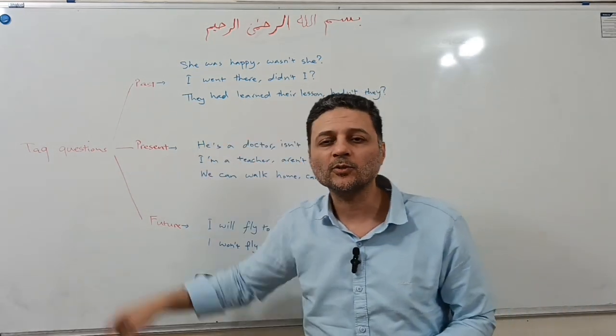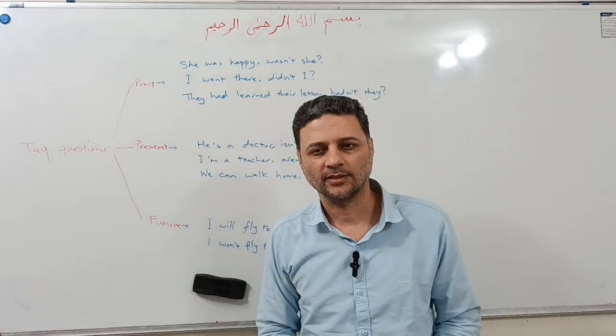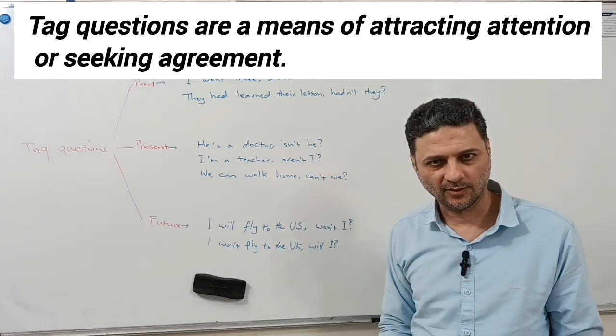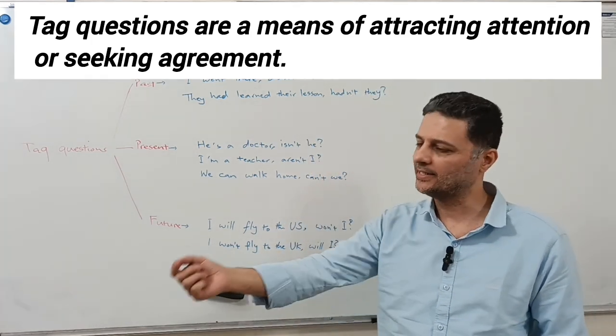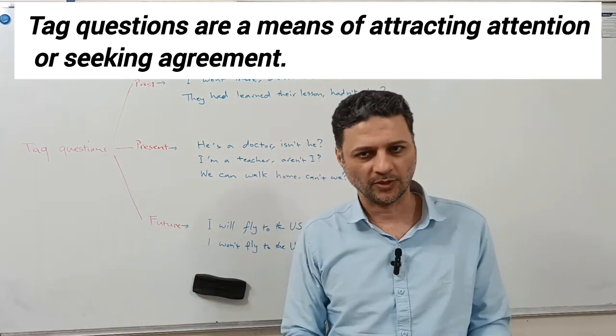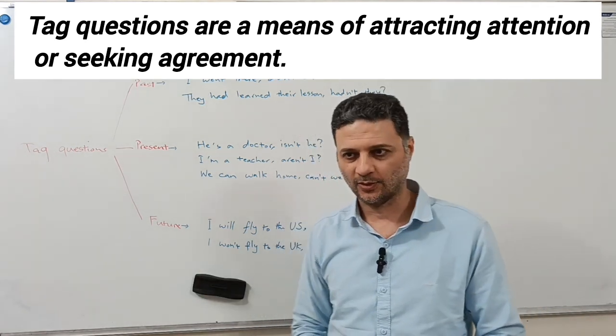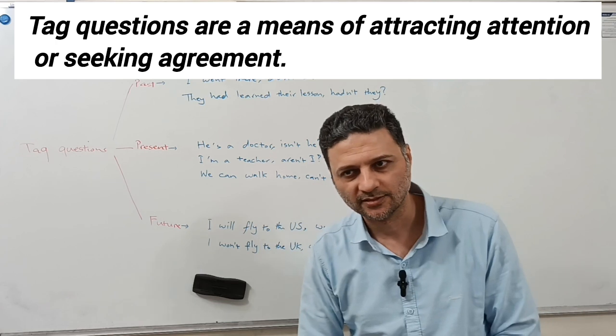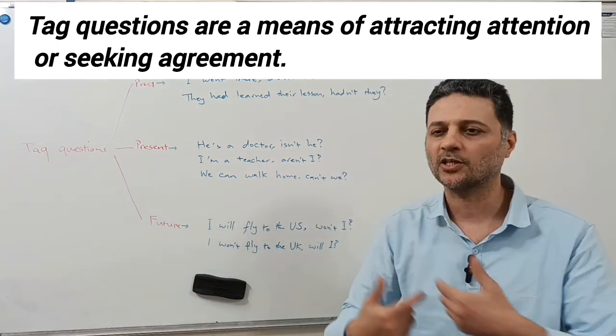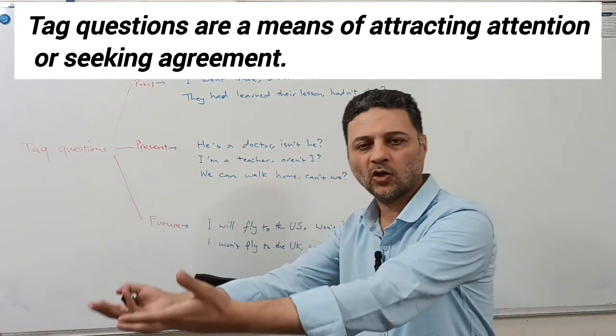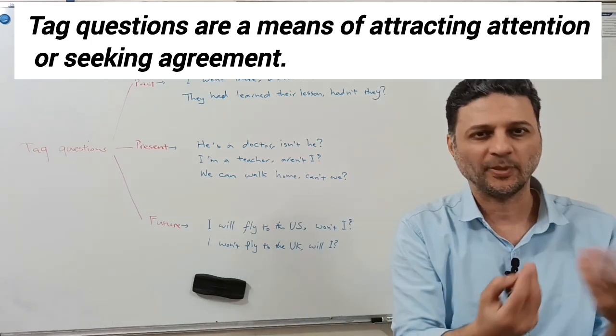Well, we use tag questions normally as a technique or a means of getting someone to pay attention to what we are saying. These are the different techniques people normally use in conversations when they are speaking. They want their audience to listen to them and pay enough attention.